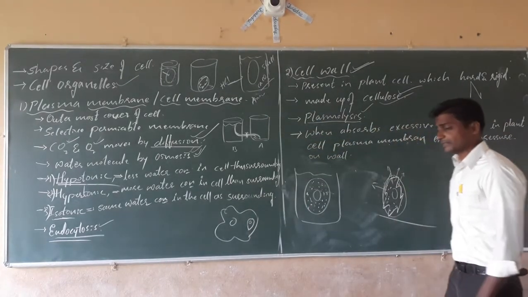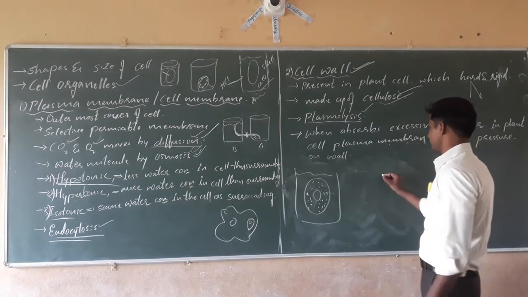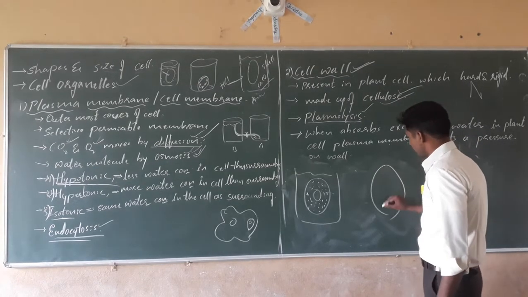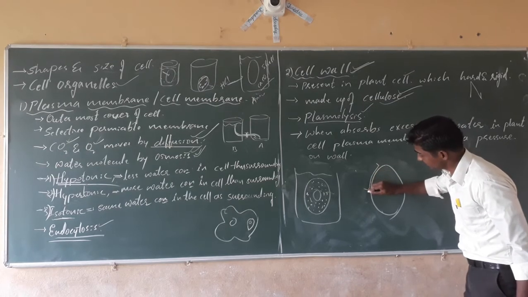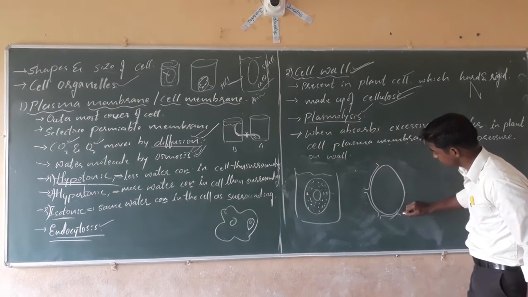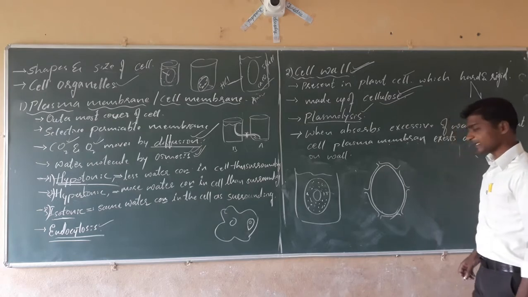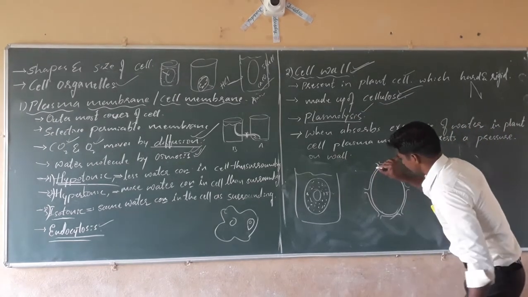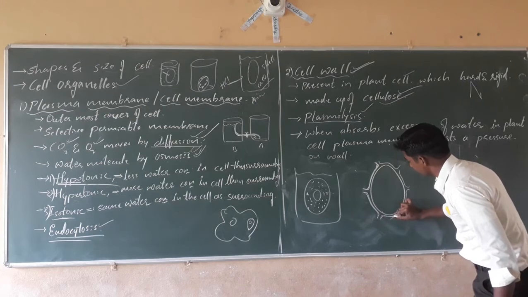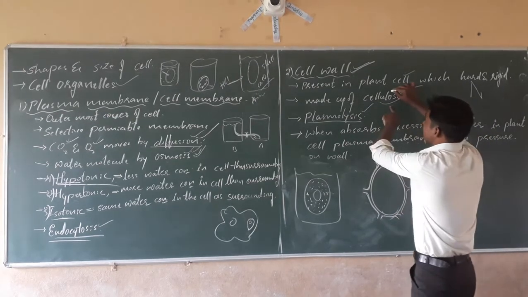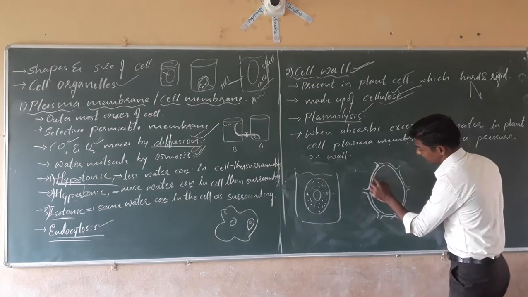See, dear students, the cell wall is a hard and rigid structure present outside the cell membrane.